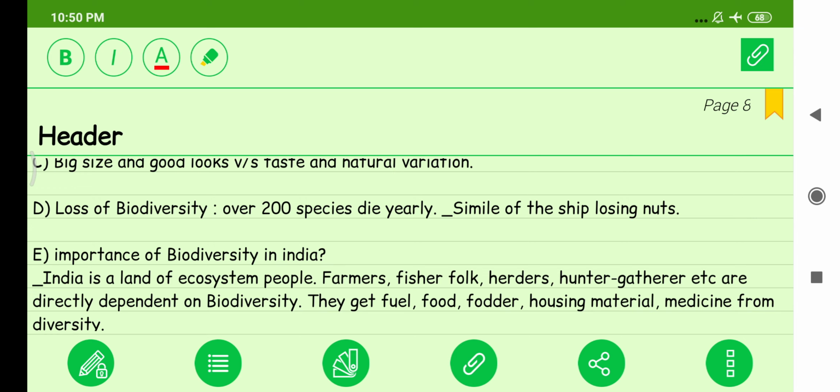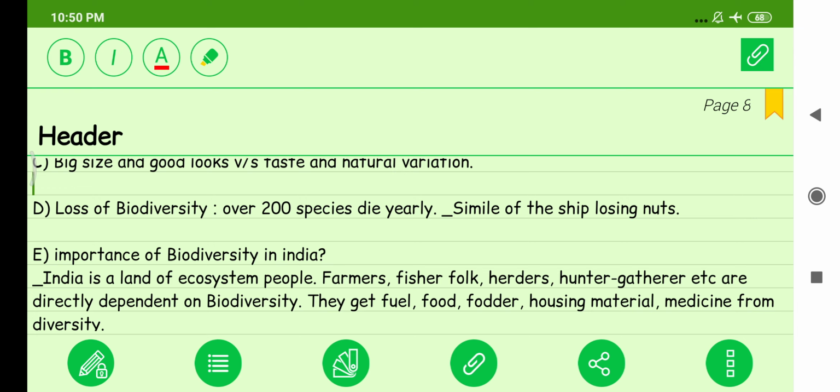But here, these two authors give us a simile of the ship losing nuts. They compare this earth with a ship losing nuts. Now, there is some sea ship sailing on water, and this ship is losing nuts, one nut after another nut, and a time will come when this ship will lose many of its nuts, and then it will sink into the water.